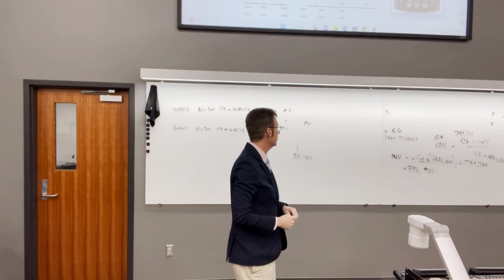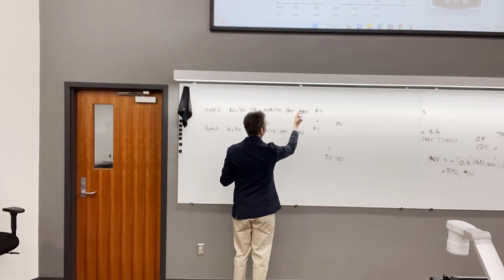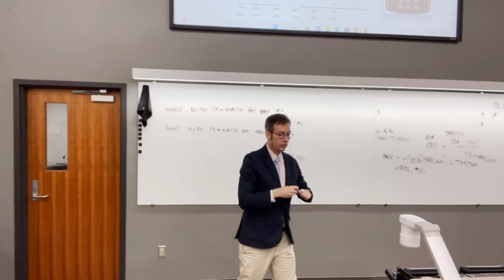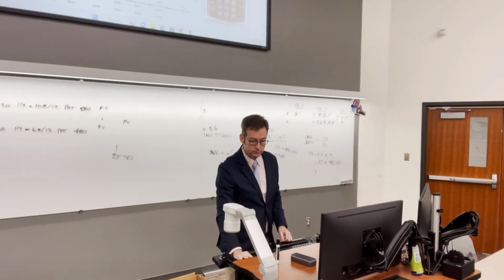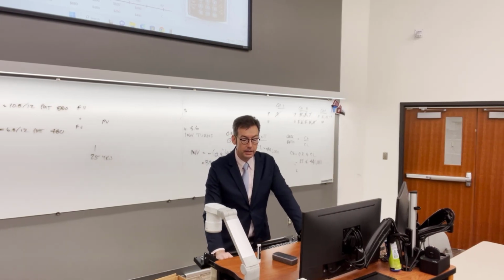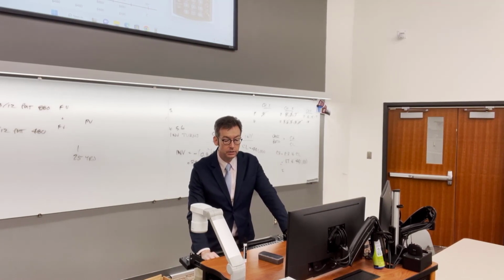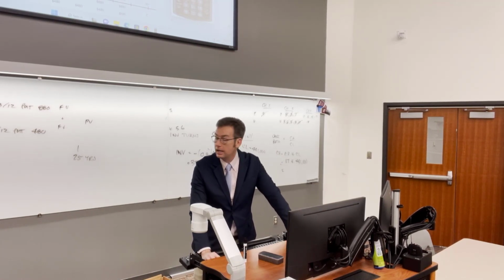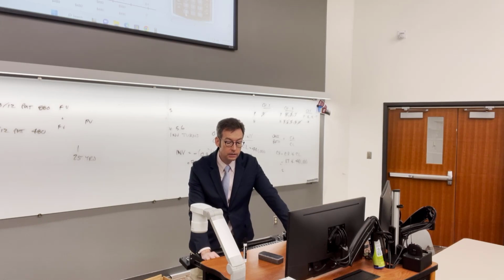Okay, so now what we can do, let's leave these as is. Here's what we're going to do. Clear, second, clear TVM. For 25 times 12, just check our math here: 300, I'm going to say N, and then the I for Y, 10.8 divided by 12 equals, and then I hit I per Y. My payment was what, 880?